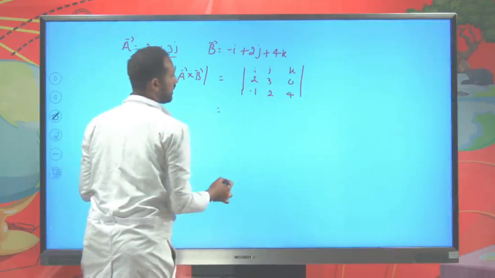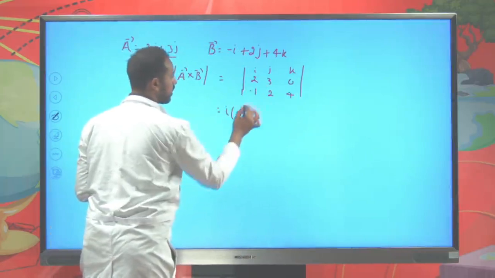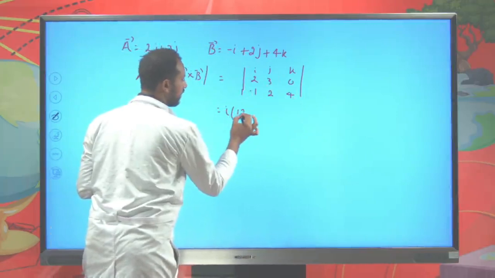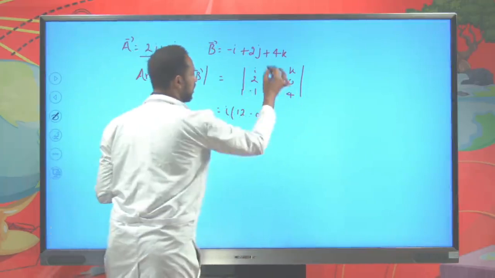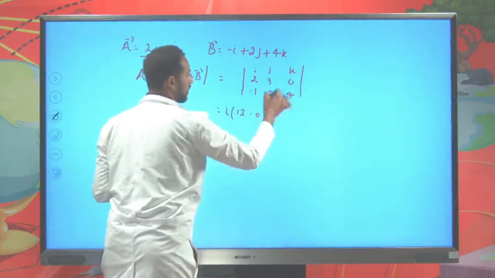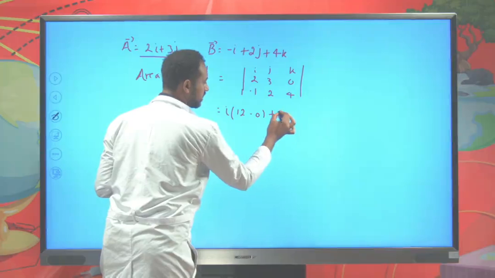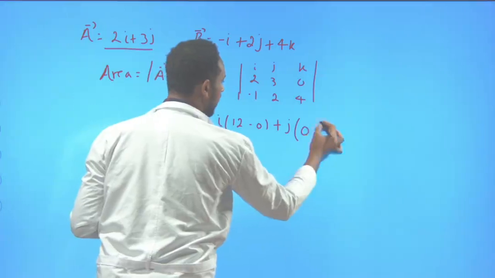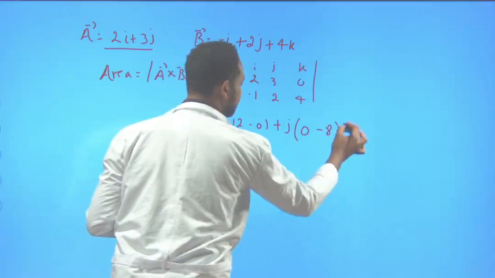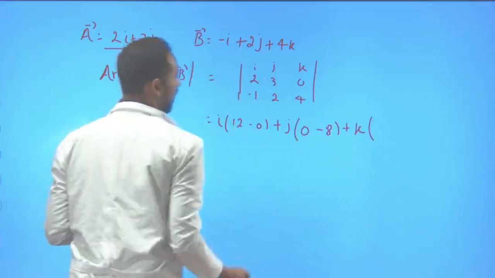For i, you have to eliminate its row and column. 3 times 4 gives you 12, minus 2 times 0 is 0, plus, and for j, you have to eliminate its row and column. Use minus for j, and first take k: 0 times minus 1 is 0, minus 4 times 2 gives you 8, plus k.